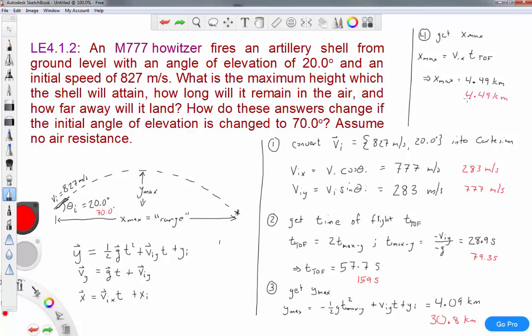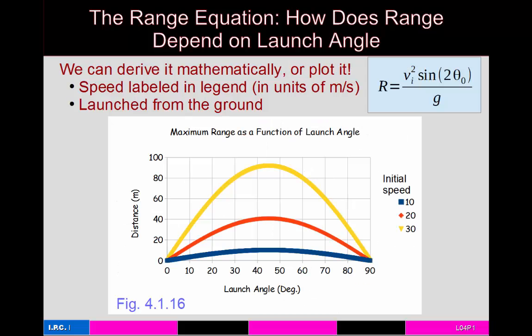So you have the same range at 20 degrees and at 70 degrees. It turns out if you were to plot the range versus the initial launch angle for any speed you choose as a launch speed, what you find is that there is sort of an optimum launch angle to obtain the maximum amount of range.